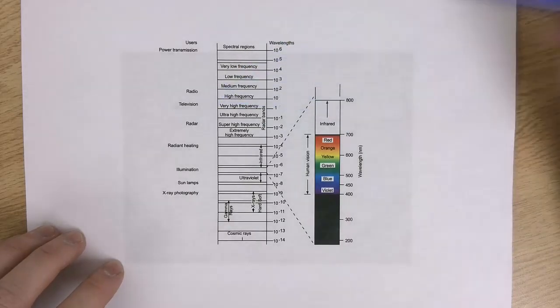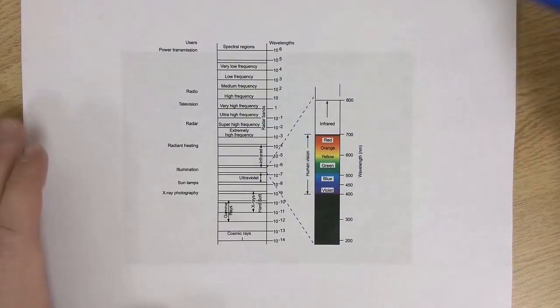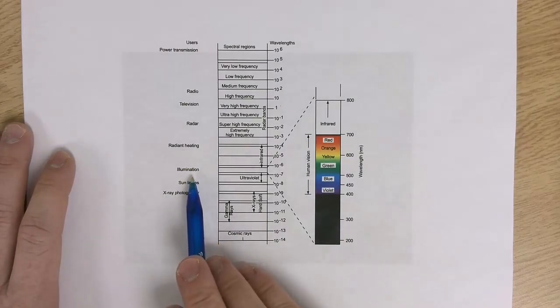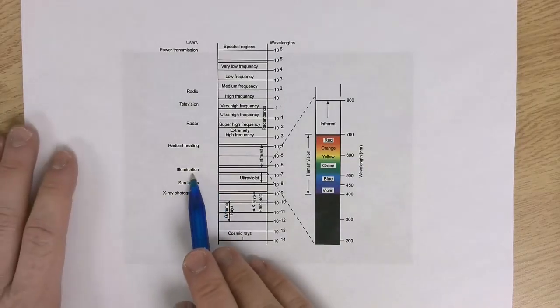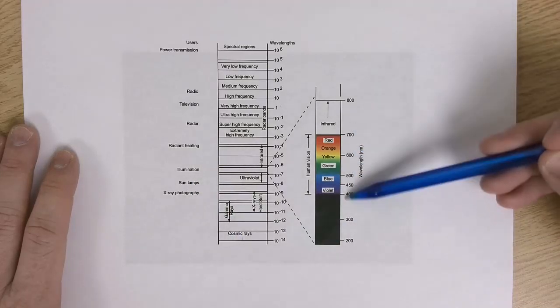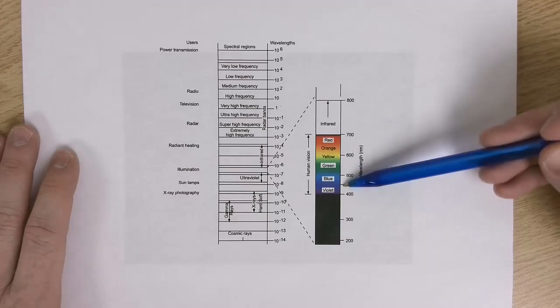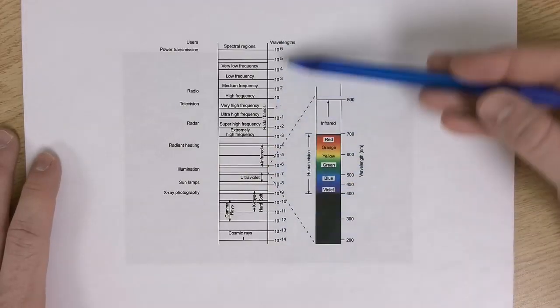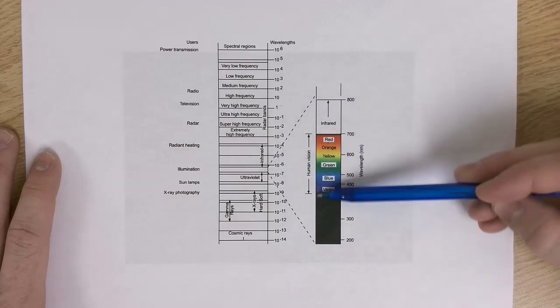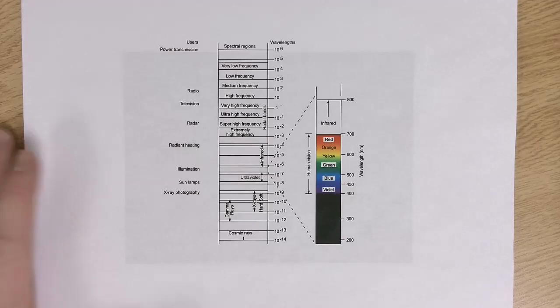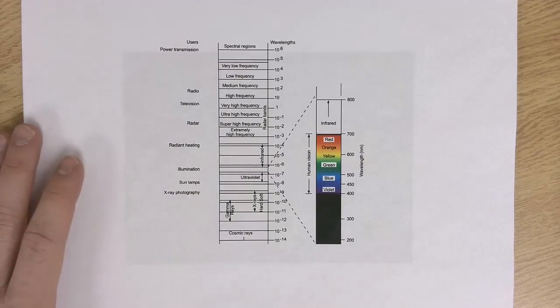Radio would be a high frequency wavelength. What we're focusing on more, since this is the lighting module, is illumination, or this visible light spectrum that humans can actually see. We don't, as you can tell from the different wavelengths, see as well as maybe we think we do.